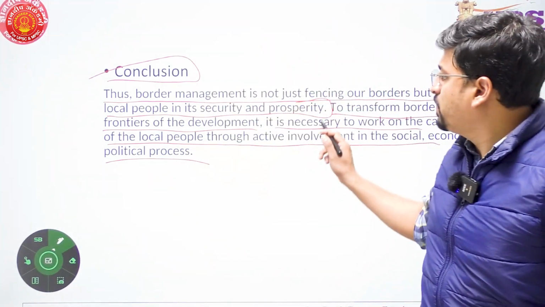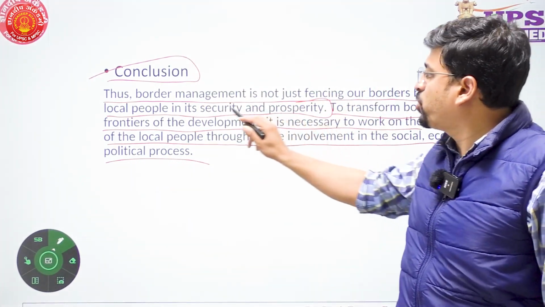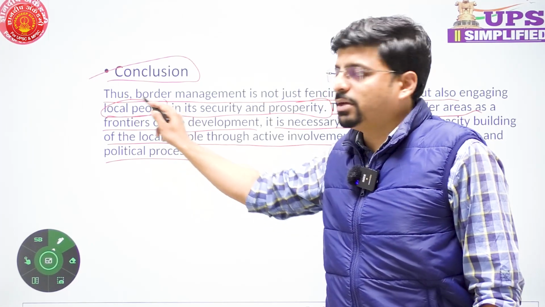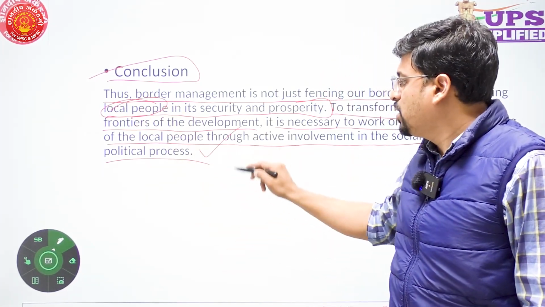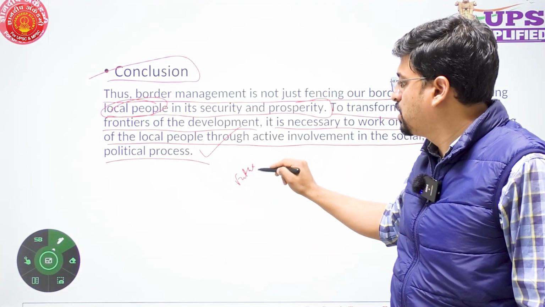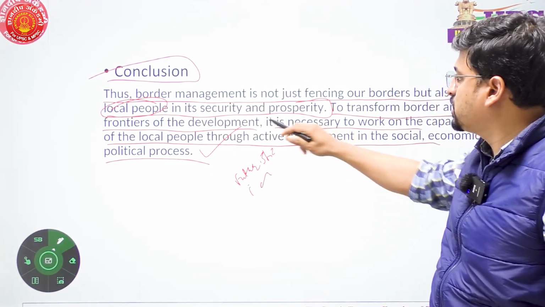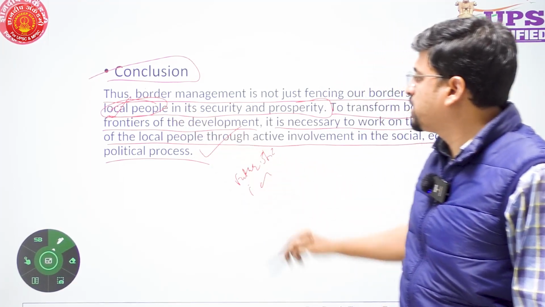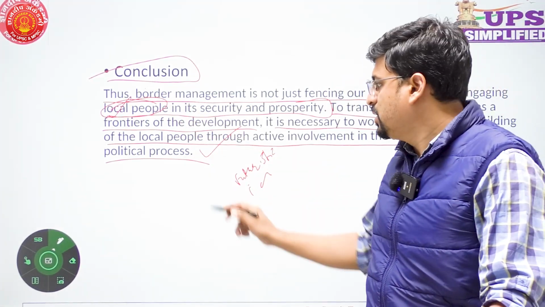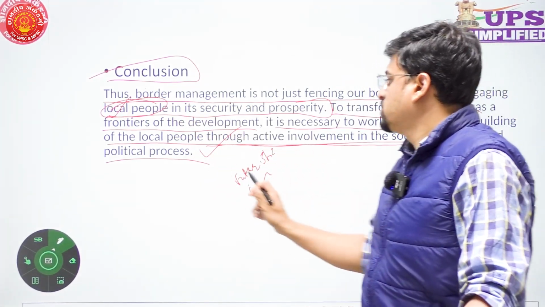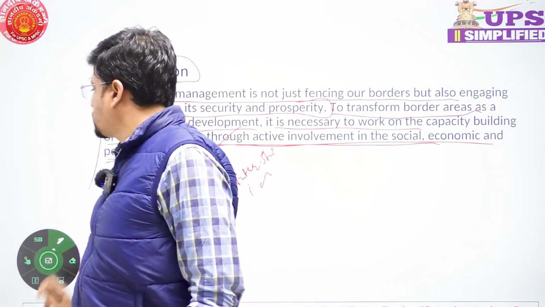Here we have mentioned the importance of local people in India's security and what futuristic measures and implications we can have from local people's participation in the security of India. So this is one of the internal security questions for today. Thank you.